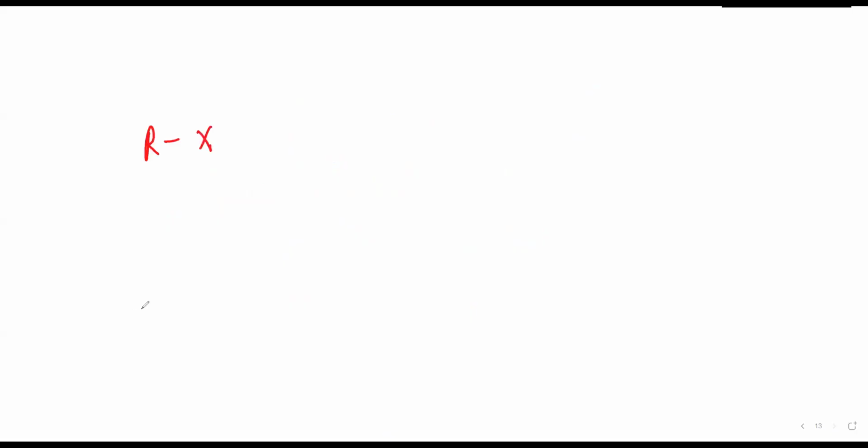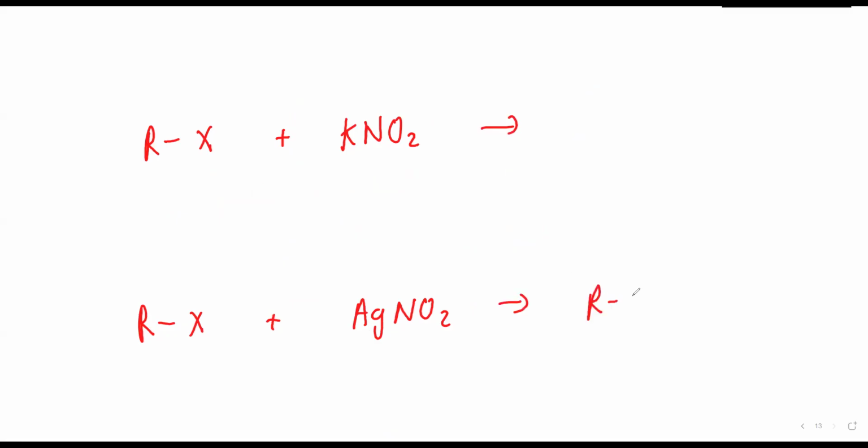Look here. RX. I'm going to take first potassium nitrite. When I take potassium nitrite, and I am going to use silver nitrite. Whenever silver is used, what have we studied, the attack will be from what? Nitrogen.